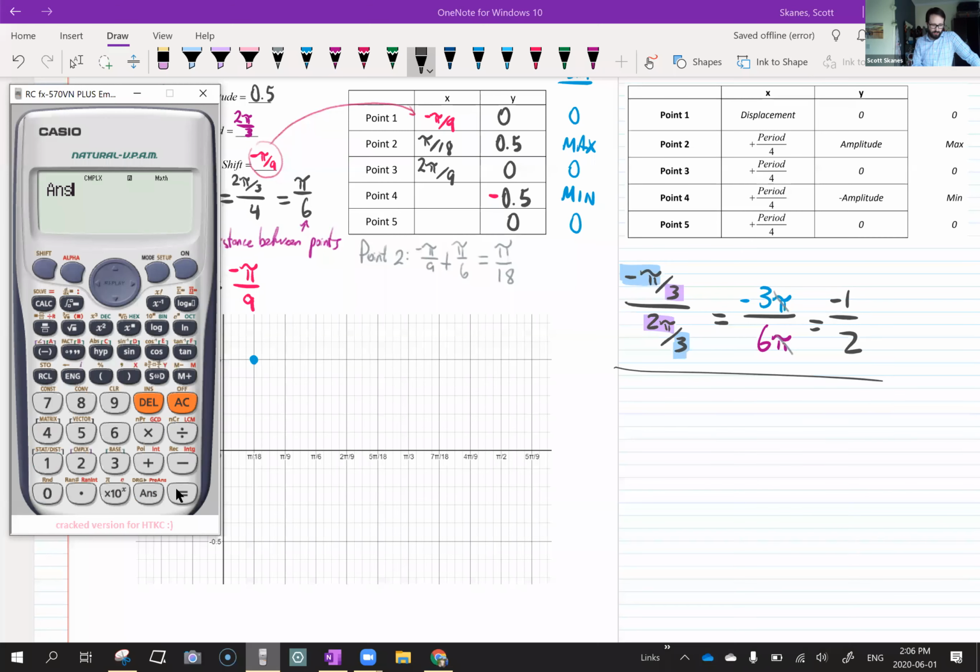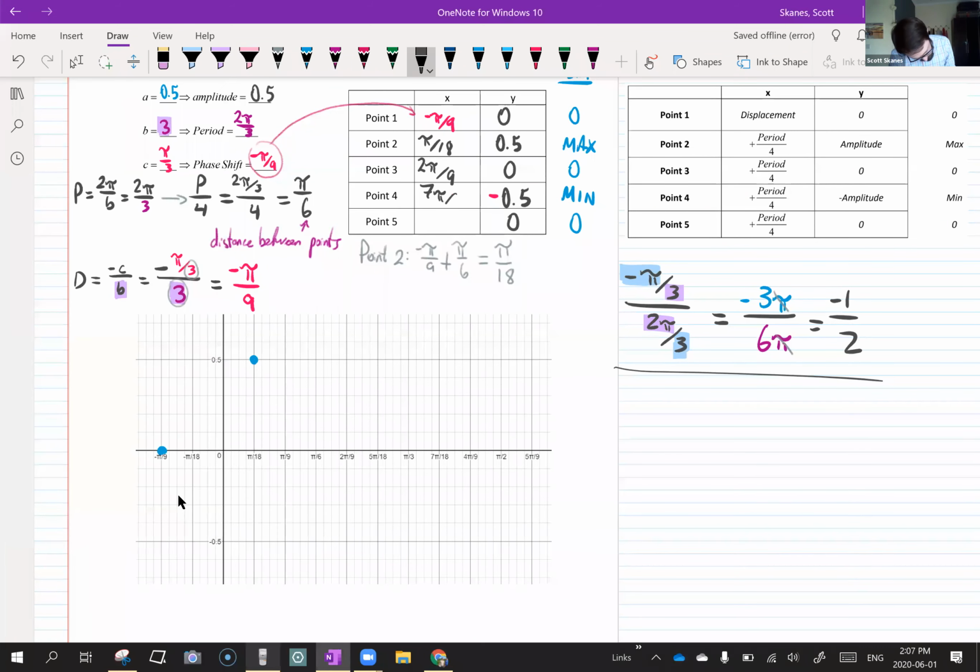Actually, one way you could do it is if you already have your answer, just press plus and add 1 over 6 to it. The next number will be 2 pi over 9, okay? I'll add pi over 6 to it again. So plus 1 over 6. I'll give you my next answer. 7 pi over 18.